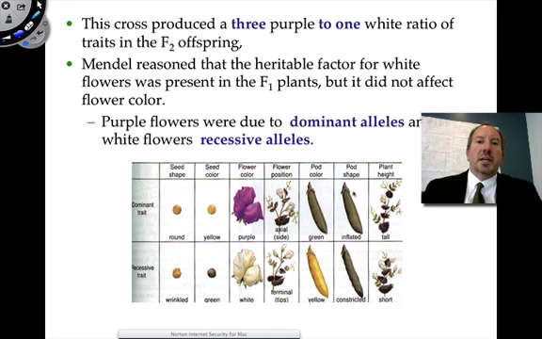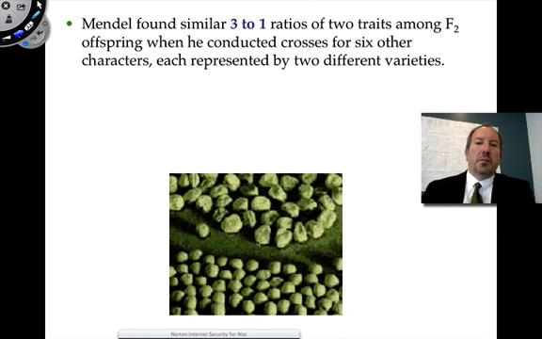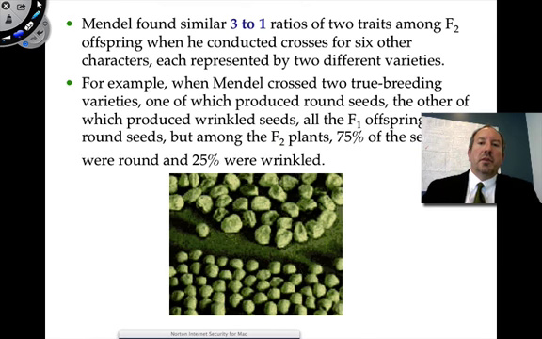And what's fascinating is every time he did that, in the F1s, one allele seemed to dominate and the other seemed to be recessive. And so he wrote that down, dominant and recessive. And then finally, this is a picture of the round and the wrinkled. When he crossed these, this pattern of 75-25 kept coming up so many times.